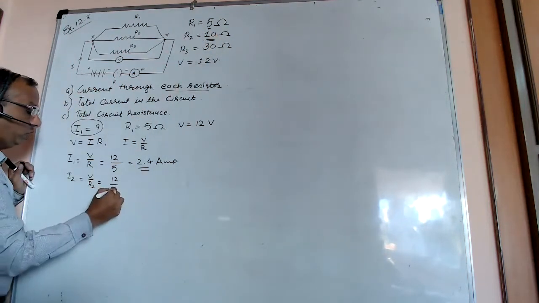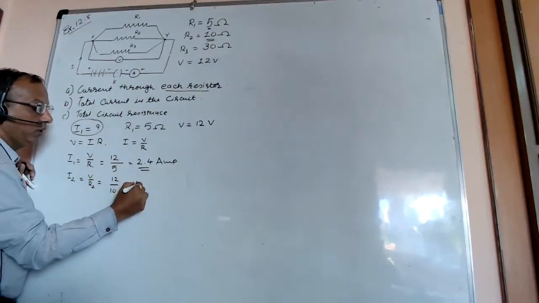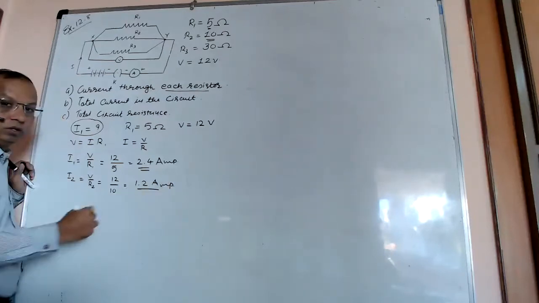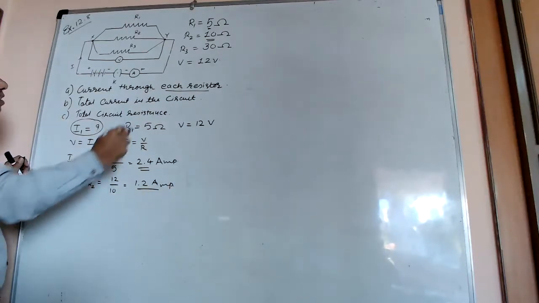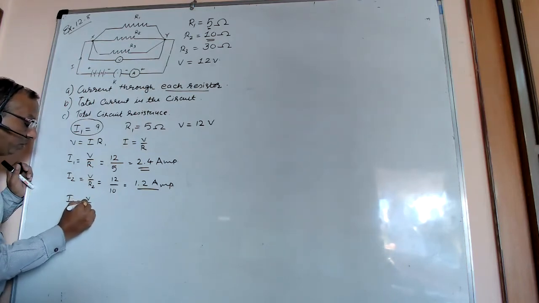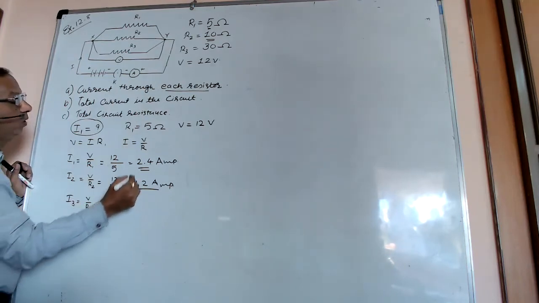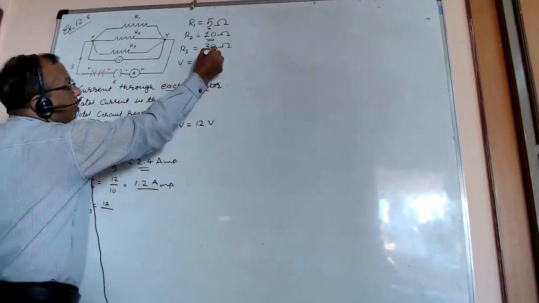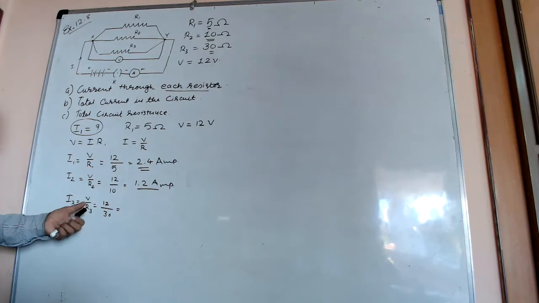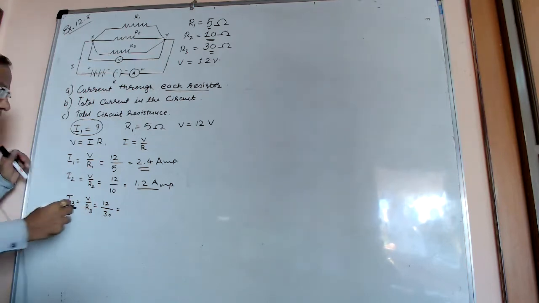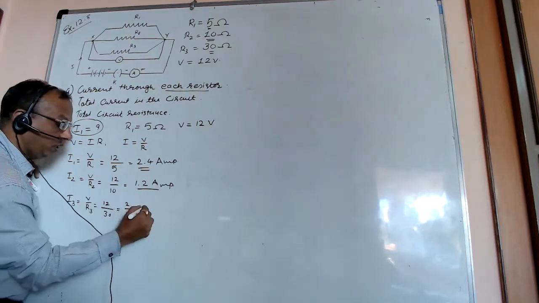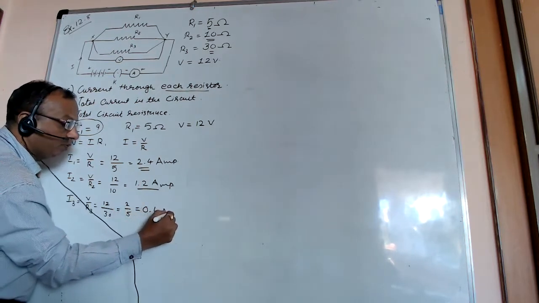R2 is 10 ohm. 12 by 10 is 1.2 ampere, the current through the second resistor. And for the third one, I3 is V by R3, which is 12 by 30. So 12 by 30, you can do it simply, it's 2 by 5, which is 0.4 ampere.